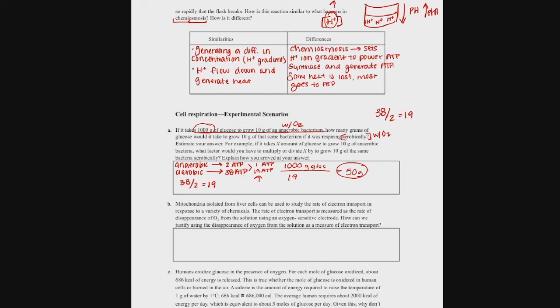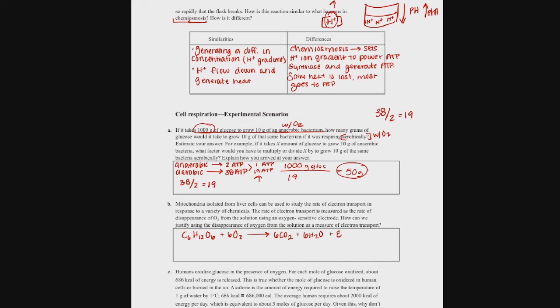So we can start by just simplifying and writing down the equation for aerobic respiration. And I'm just putting E there for energy.